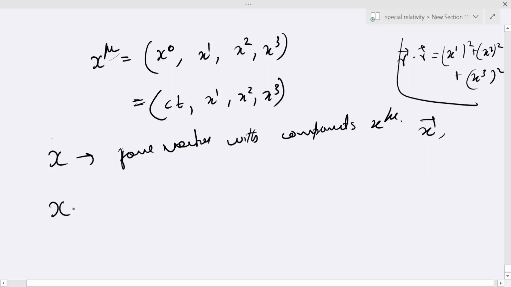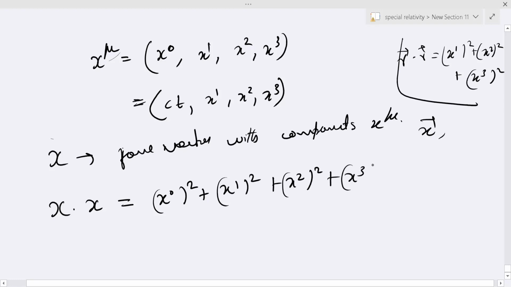Now we need to find a notion of x dot x which is invariant under Lorentz transformations. We could always try x0 square plus x1 square plus x2 square plus x3 square, a direct generalization of this, but we know this is not invariant under Lorentz transformations.